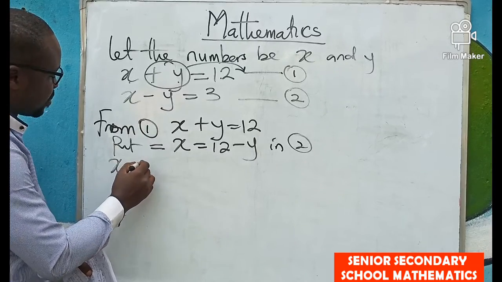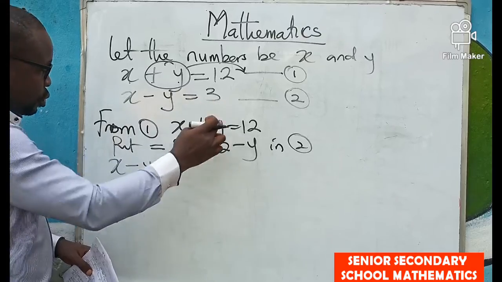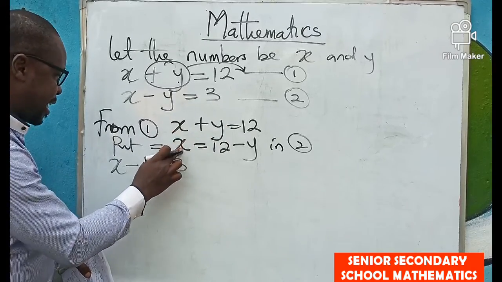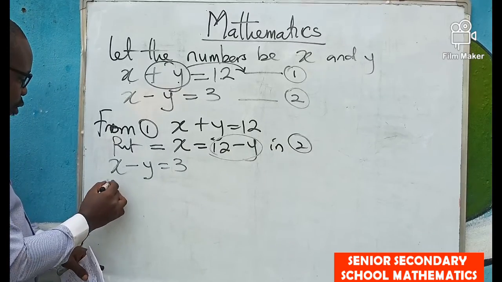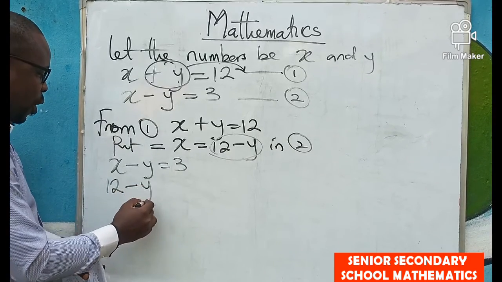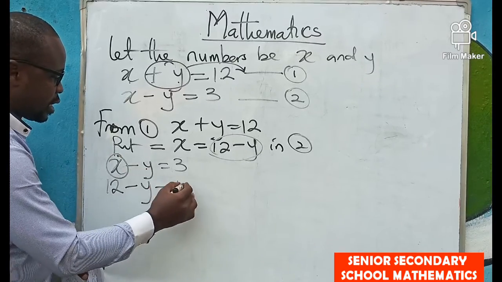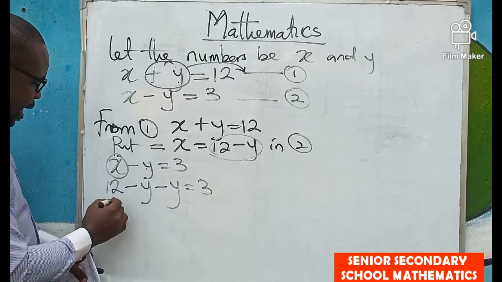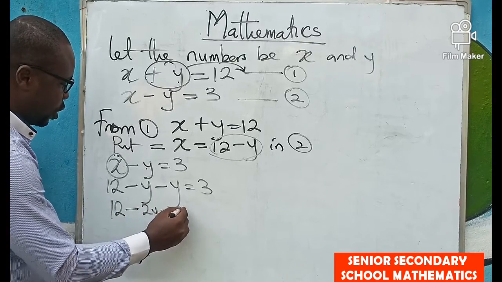So we have x minus y is equal to 3. That's our equation 2. Then we put that x is now 12 minus y. So I have 12 minus y, that is for this x, minus y is equal to 3. So I can say 12 minus 2y is equal to 3.